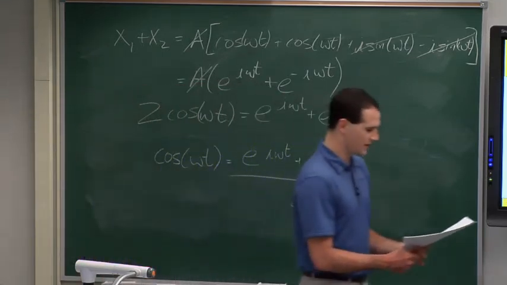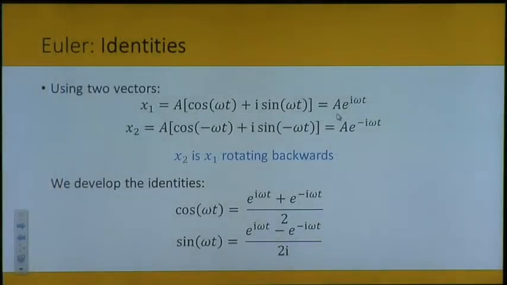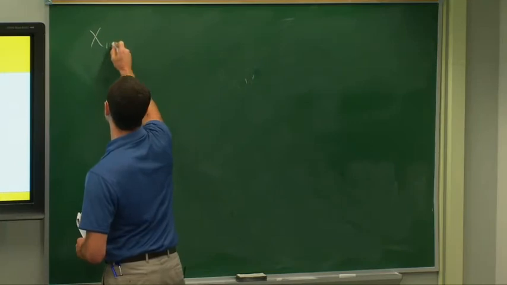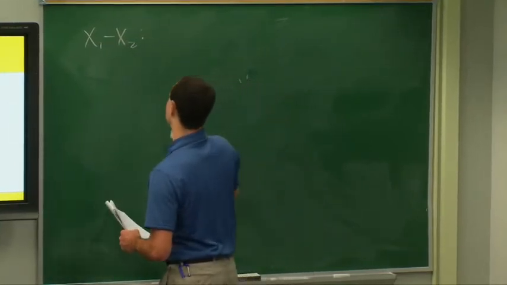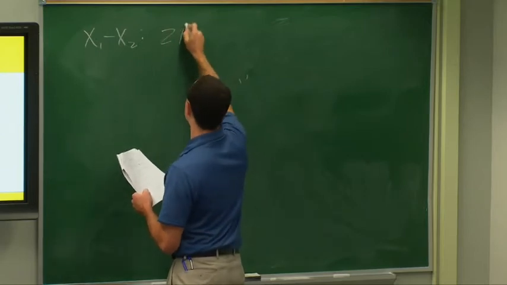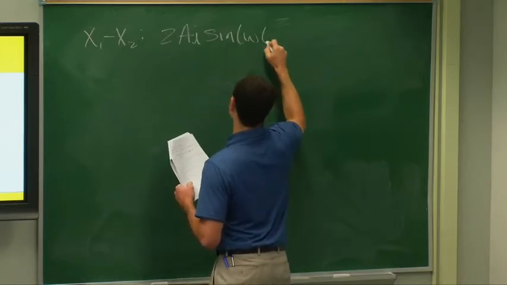Now if I wanted to get the sine relation, all I need to do is subtract the 2 vectors. So if I take x1 minus x2, then I'll end up with 2a i sine omega t.